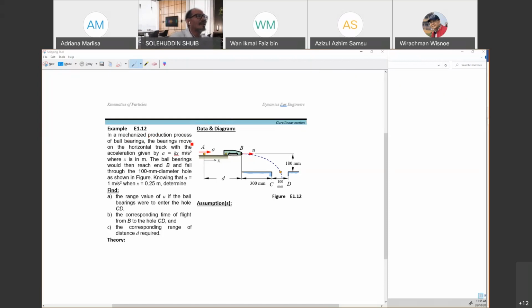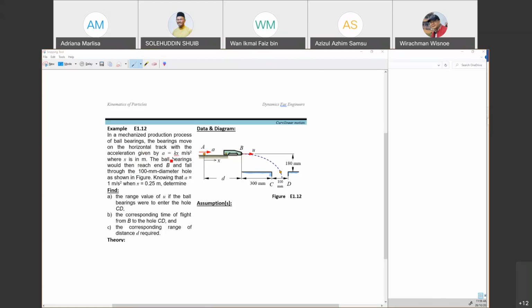We have a ball bearing moving on a horizontal track with the acceleration of a equal to kx meter per second square, where x is in meter. Okay, x is in meter, right?